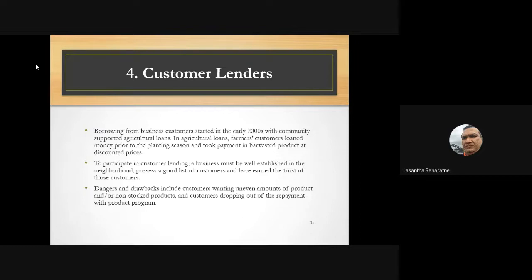A business must be well established in the neighborhood, possess a good list of customers, and have earned the trust of those customers. Dangers and drawbacks include customers wanting uneven amounts of product and or non-stock products, and customers dropping out of the repayment with product program.